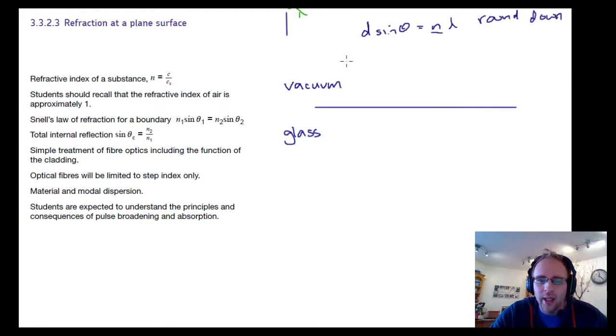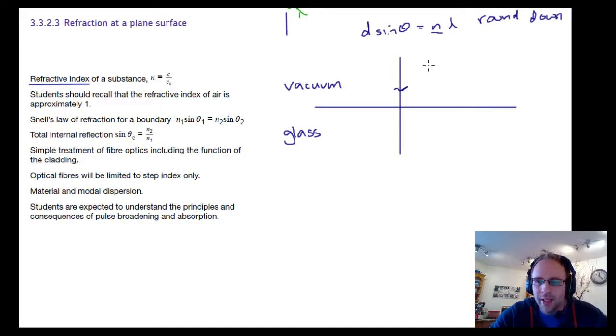If I have a ray of light incident on, in fact, let's go straight down, incident on this boundary. As it enters the glass, it will slow down. Okay? What refractive index means is it tells us how much it slows down by.